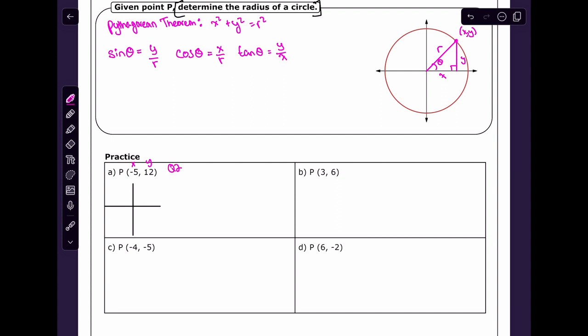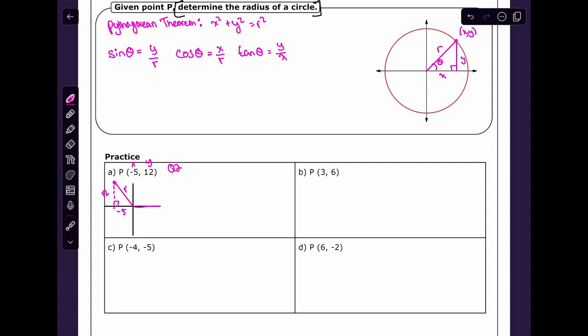So I'll start by plotting this point, minus 5, and 12. This would be the terminal arm here, and our initial arm would be here. We drop this down to make a right angle triangle where our x value is minus 5 and our y value is 12. So we're missing the radius.